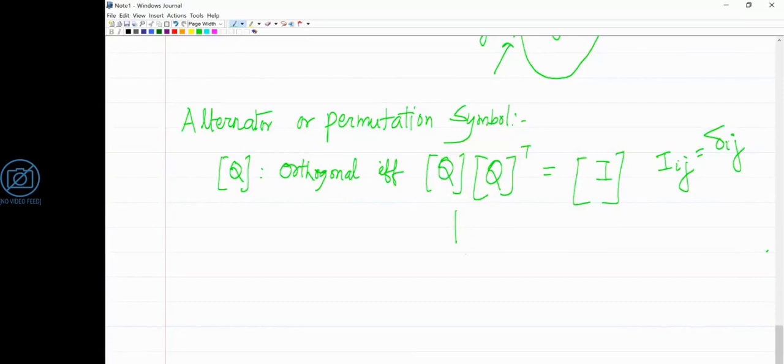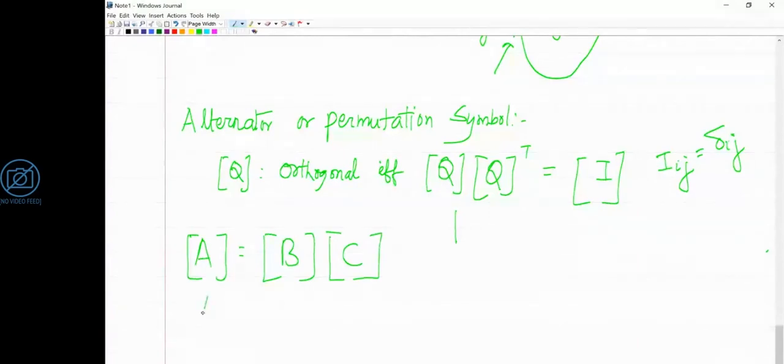Similarly, when you evaluate a matrix multiplication, let us, for example, think of a matrix multiplication. Suppose you have A equal to B into C. Okay? Then what will be Aij? What is the ith row and jth column?